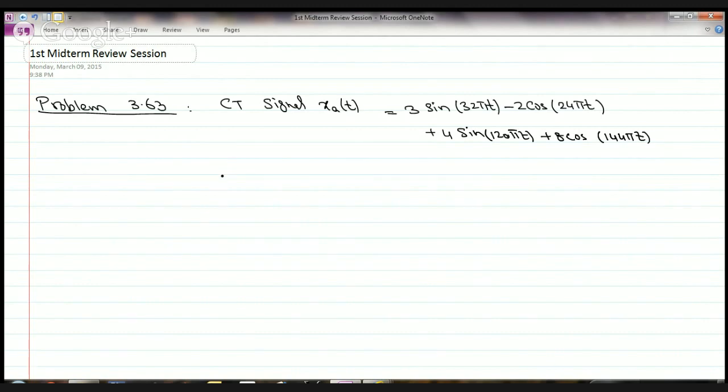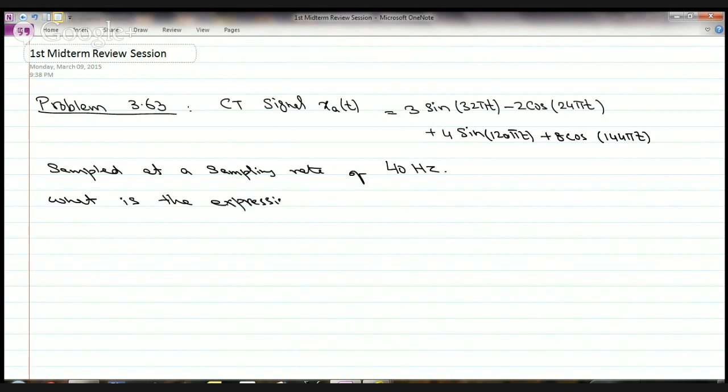The question is asking that this signal is sampled at a sampling rate of 40 hertz, and you're asked to write the expression for x of n.